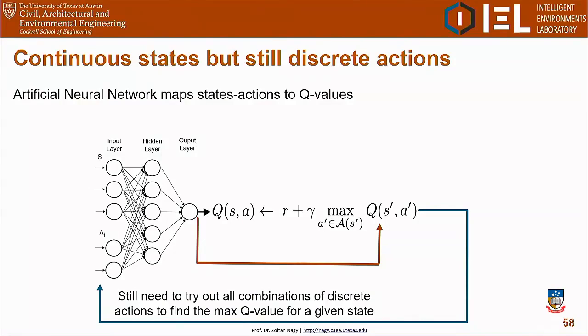Again, the state we are in, all the possible actions, get all the possible Q values for those actions, and then make the update. If we have many actions, this problem might be intractable, which is a problem.